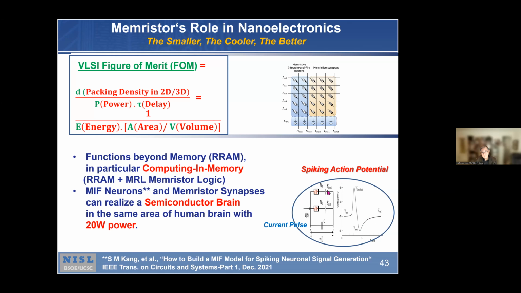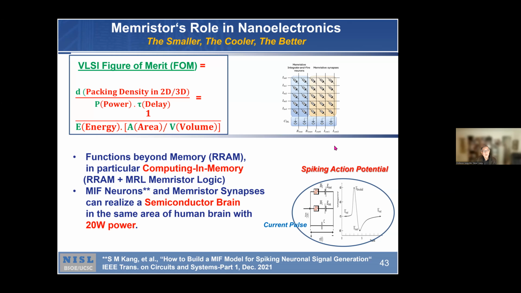This memristor can be used to generate a neuronal signal. There's no other program other than just automatic switching within the memristors, depending on the voltage across this capacitor here. And so you can apply this memristive neuron and the memristive weight to an artificial neural network.